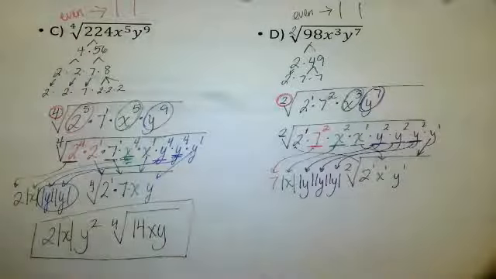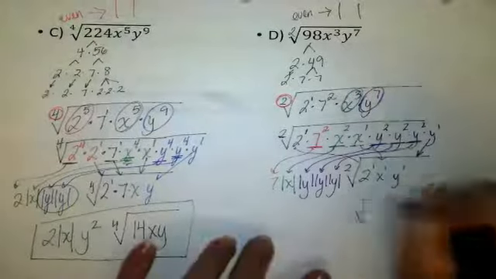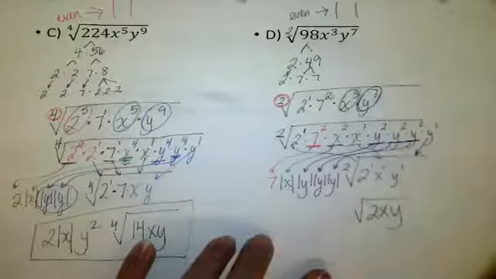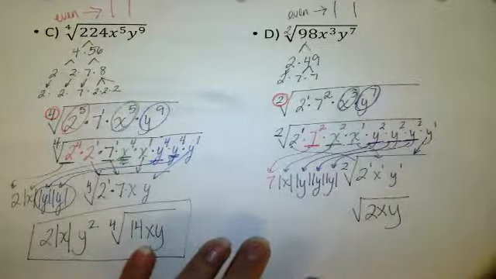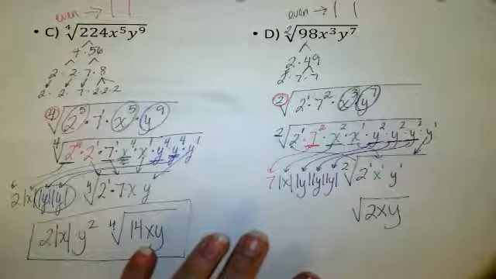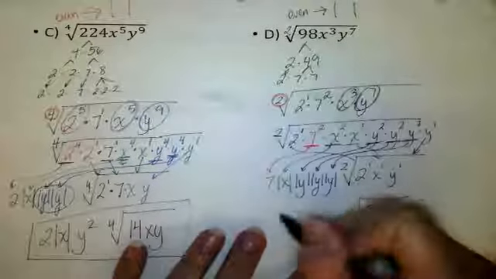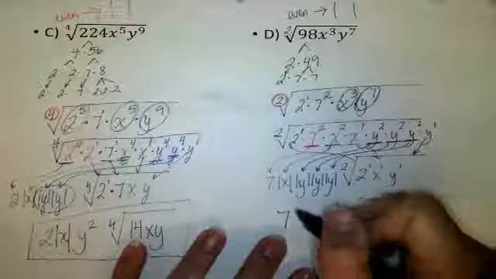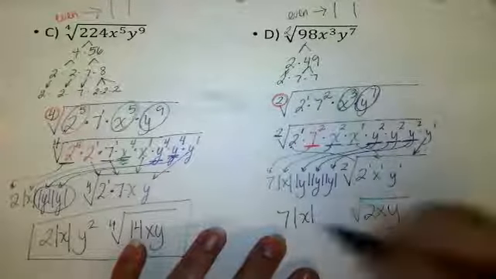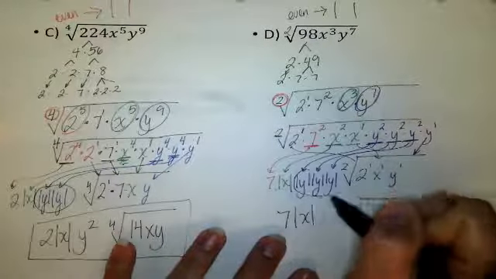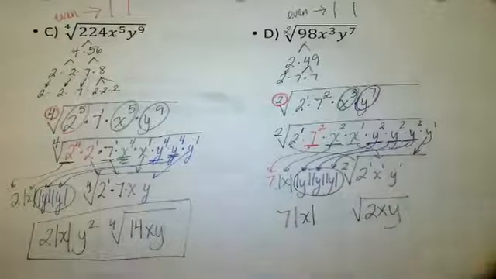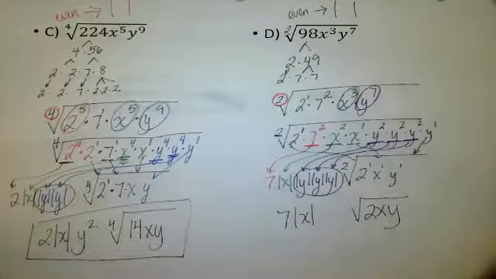And so just cleaning this up a tiny bit here, we have the square root of 2xy underneath our radical, our square root. 7 is fine. Absolute value of x is fine. I'm curious what I should do with all these y's, though. Do I need the absolute value or not?